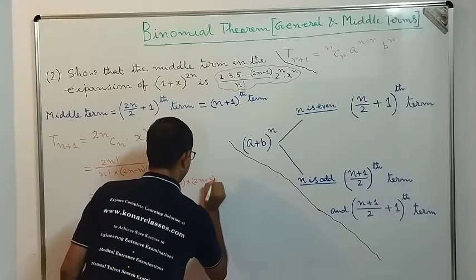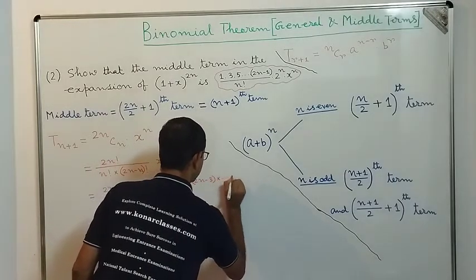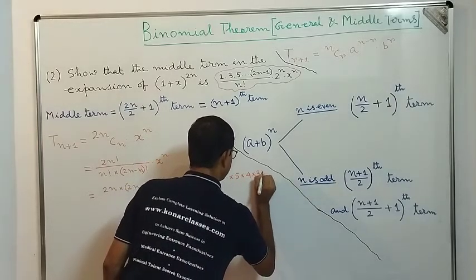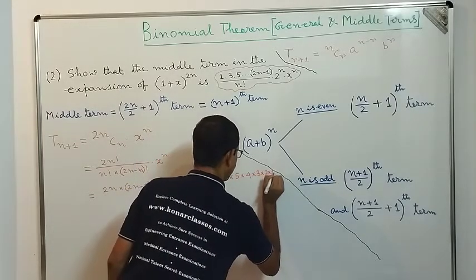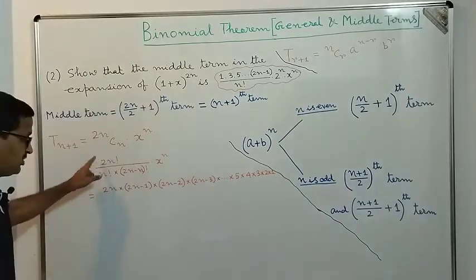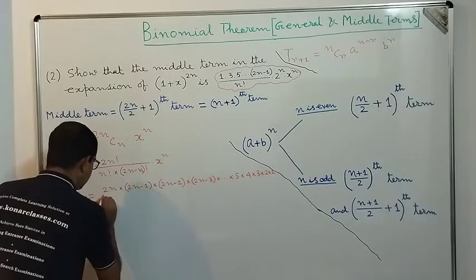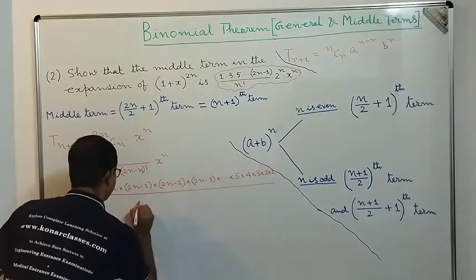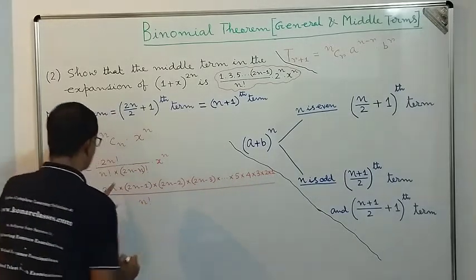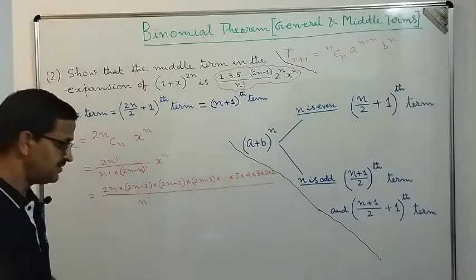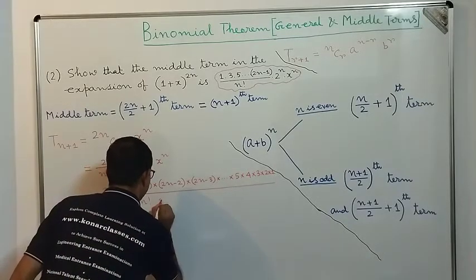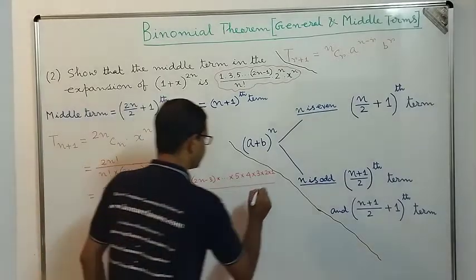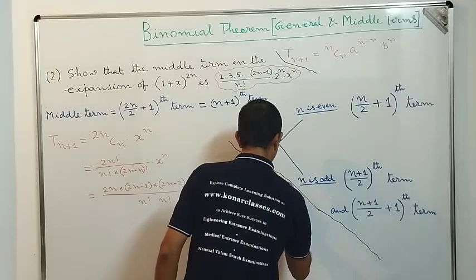In that way it will continue till 5 into 4 into 3 into 2 into 1. Correct? That is the numerator. And in the denominator, we get n factorial into (2n minus n), that is n. So (2n minus n) factorial becomes n factorial, and as we get it here, into x to the power n.